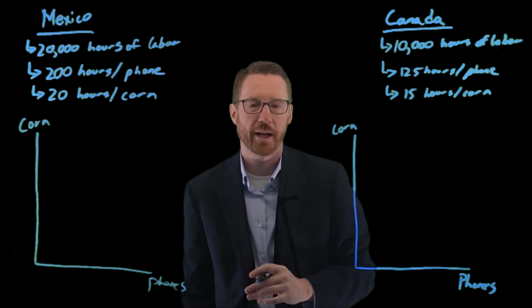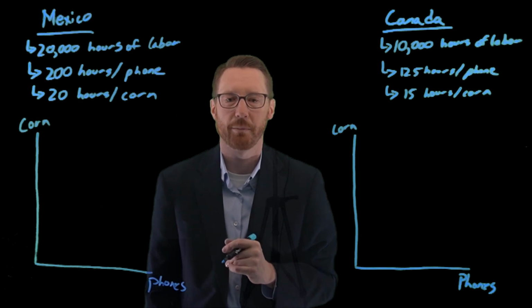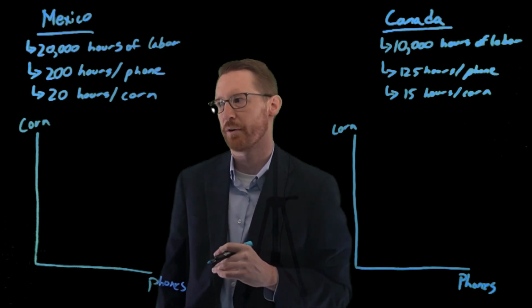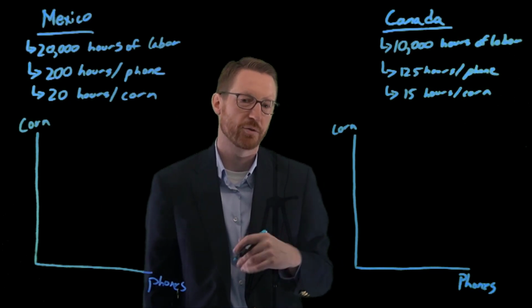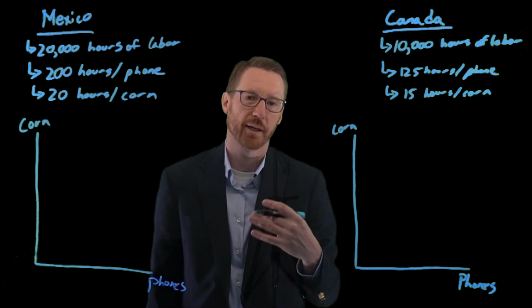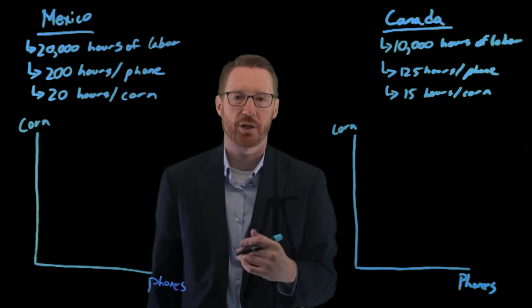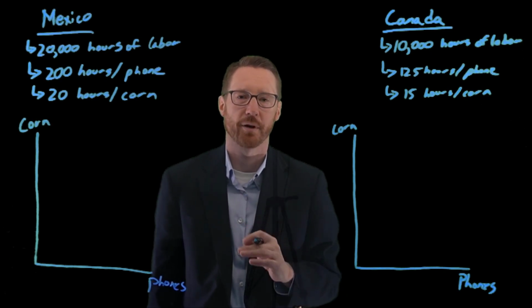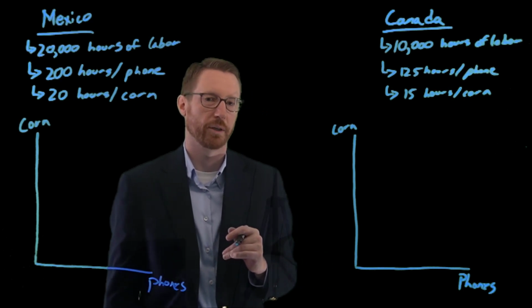So once we've got them labeled, now we've got to start thinking about what's the quantity of phones that can be produced, or the quantity of corn that can be produced if each country were to put all of its effort into only producing that one good.